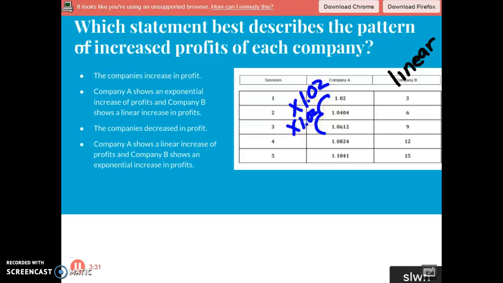From 1.0612 to 1.0824 is a times of 1.02. And from 1.0824 to 1.1041 is a times of 1.02. This growth happens to be exponential.